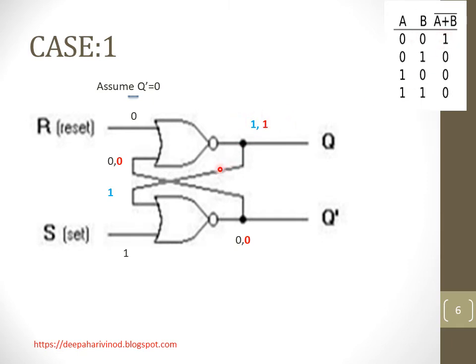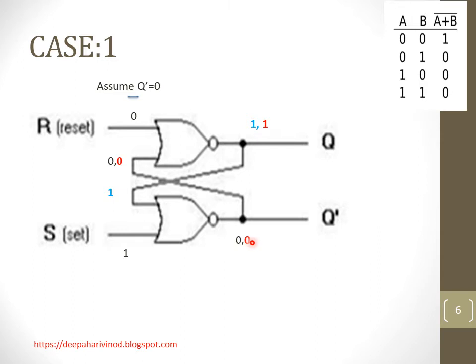So that 1 will go there; 1 1, it will be 0, that 0 will go there, again 0 0, it is 1. So here we can see that this was the previous state, and now the output is, if S is 1, output is set to 1, and the complement output is 0.